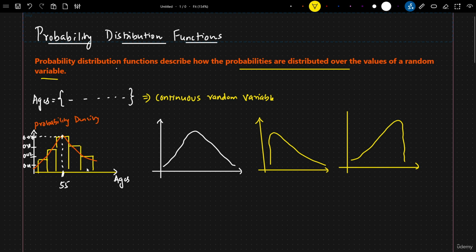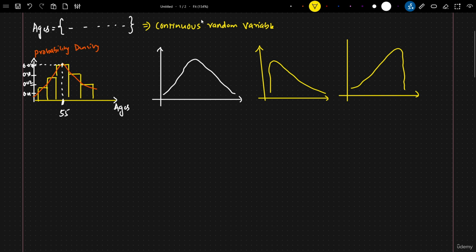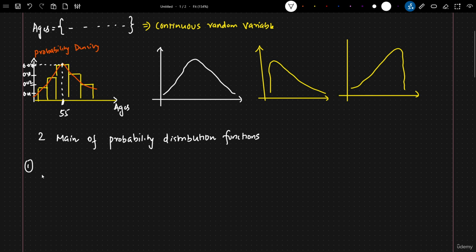Okay, now let's further go ahead and discuss. Probability distribution functions are of two types. So there are two main types of probability distribution functions. Now, what are these types? Number one is basically called probability mass function.